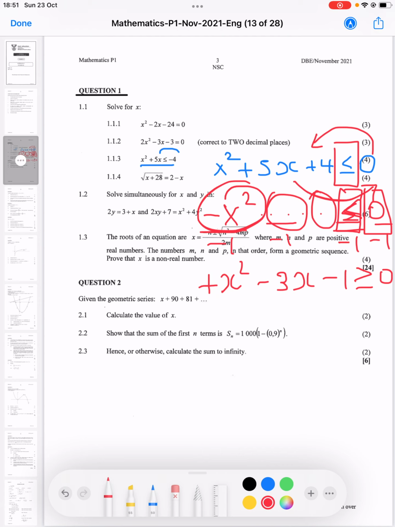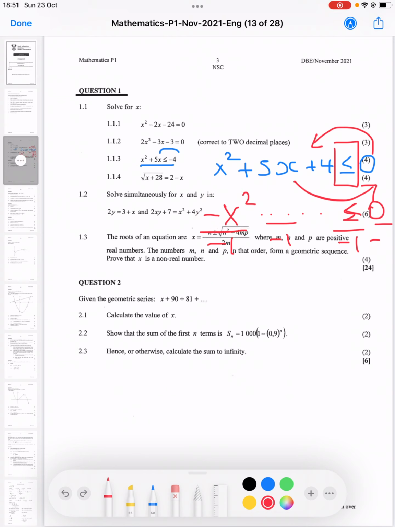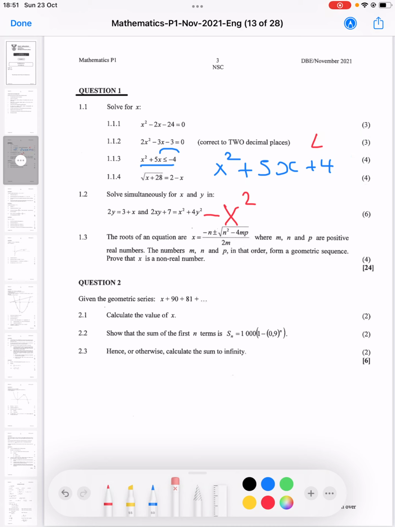So that is the only time that an inequality sign changes. But if you move a number to the other side, it does not change. It remains as it is. I know most of you guys struggle with that, but I hope what I've just explained makes perfect sense. Very, very much important, ladies and gentlemen.